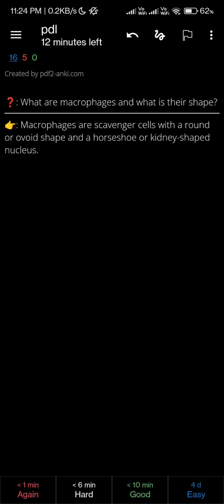Their shape is round or ovoid, with a horseshoe or kidney shaped nucleus. Their other functions include phagocytosis, producing cytokines and growth factors, and antigen presentation. They are found in the ground substance, connective tissue, and gingival crevicular fluid. They are scavenger cells.